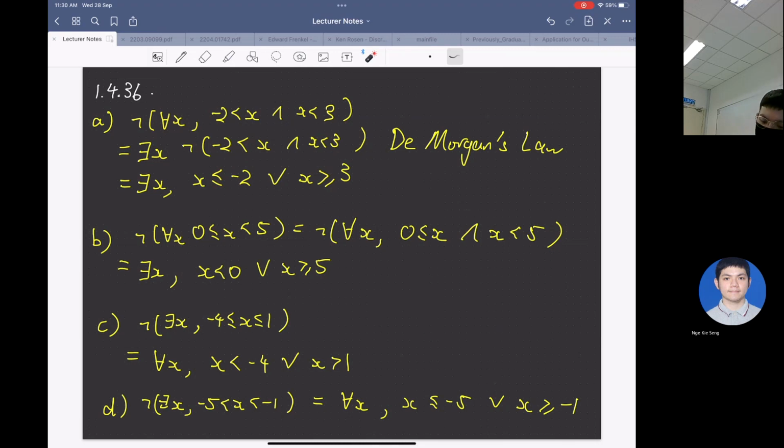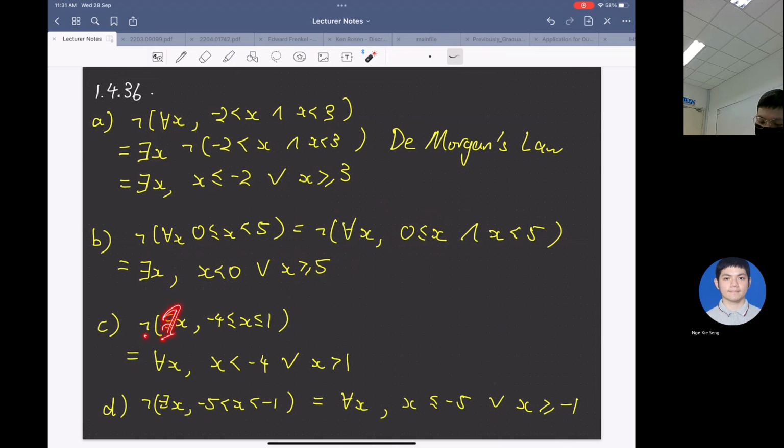Okay, next one. Not for every x, 0 less than or equal to x and x less than 5. So negate: for every becomes there exists, and becomes or, and then negate the inequalities, just keep repeating.